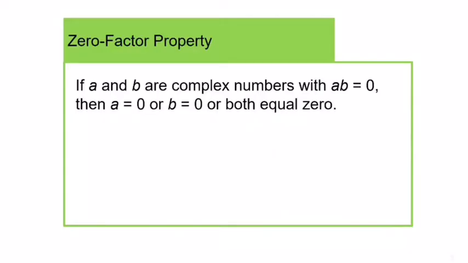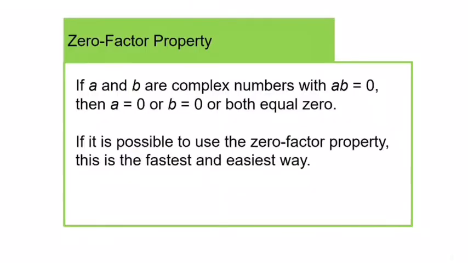This is something you already know by common sense, but now you know it has a name. Whenever it's possible to use the zero factor property to solve a quadratic equation, this is always going to be the fastest and easiest way. So that's why we're looking at this method first.